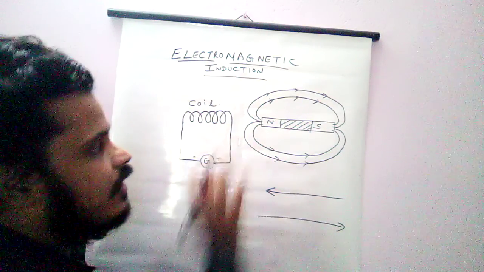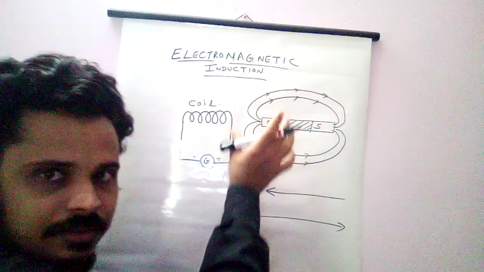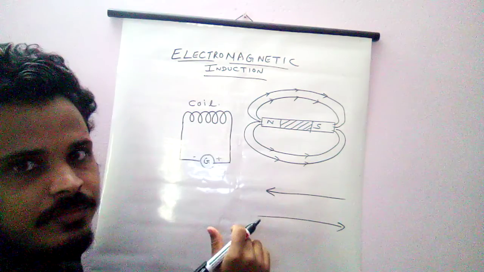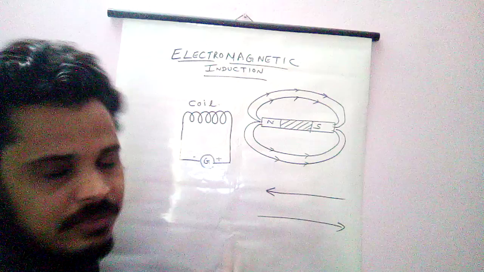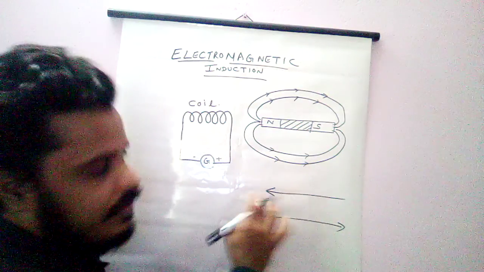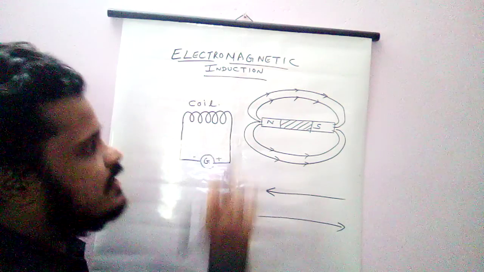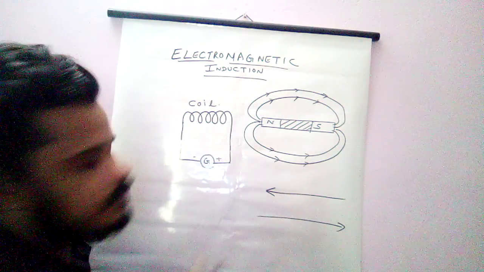Now what happens? The magnetic field lines linked by the bar magnet with the coil will be reduced. So I repeat: initially we move the bar magnet from right side to left side, and the magnetic field lines linked with the coil will be more.